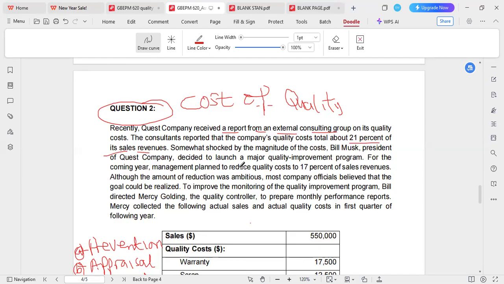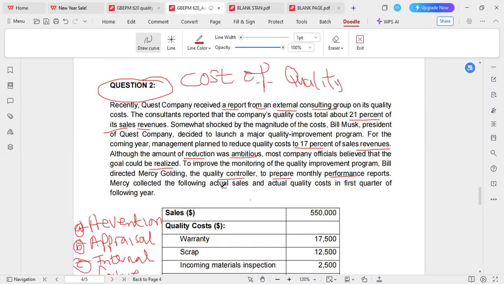Management planned to reduce quality costs to 17% of the sales revenues. Although the amount of reduction was ambiguous, most company officials believed that the goal could be realized. To improve the monitoring of the quality improvement program, Bill directed Ms. Holding, the quality controller, to prepare monthly performance reports. Ms. Holding collected the following: actual sales and actual quality costs in the first quarter of the following year.